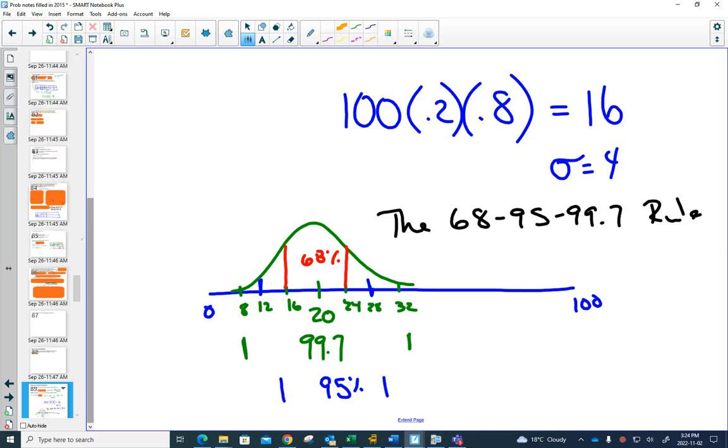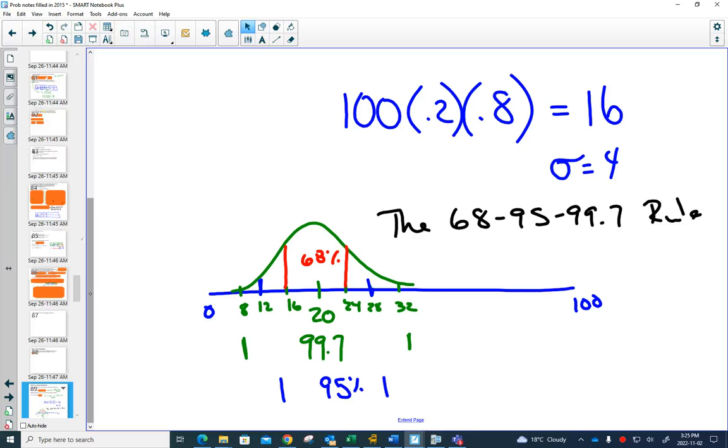At least it helps you. I mean, if they gave you something like the Bernoulli rule, you'd never remember it. But the 68, 95, 99.7 rule really helps you remember that within one standard deviation, 68% of data will happen, and within 2 standard deviations, 95%, and 3 standard deviations, 99.7%.